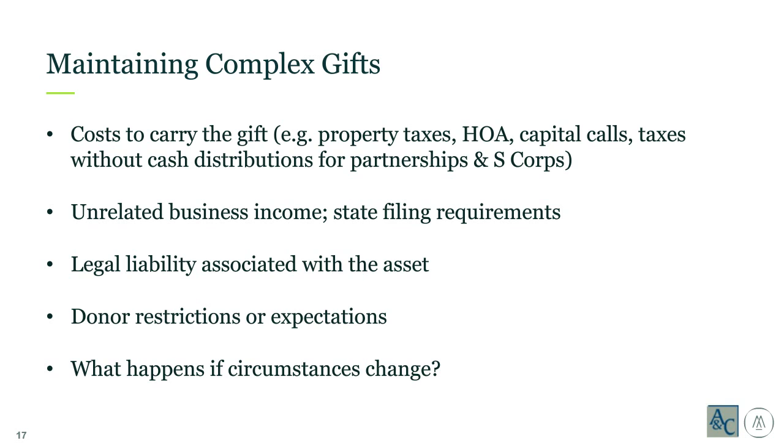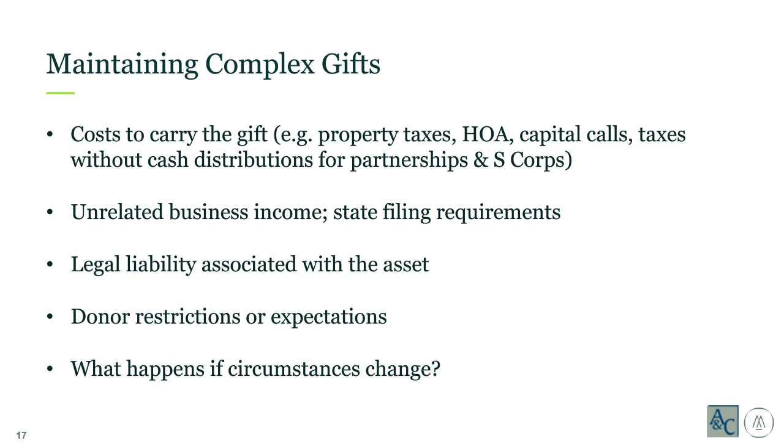So unrelated business income, hopefully you're already familiar with this idea, and we've referred to it a couple times. But the idea is a tax-exempt organization applies to the IRS to receive income tax exemption. That's the basic exemption, although it does sometimes come with property tax exemptions or sales and use tax exemptions. But the main one we talk about is income tax.